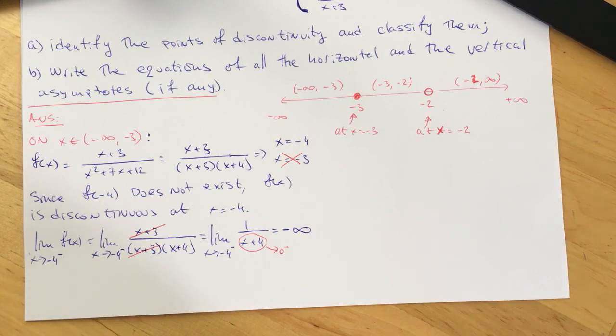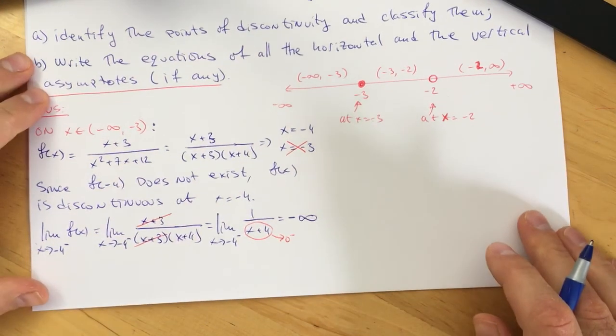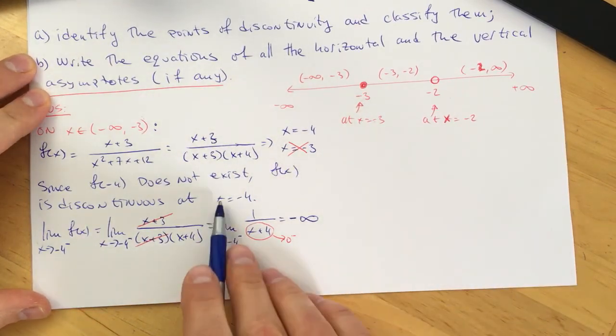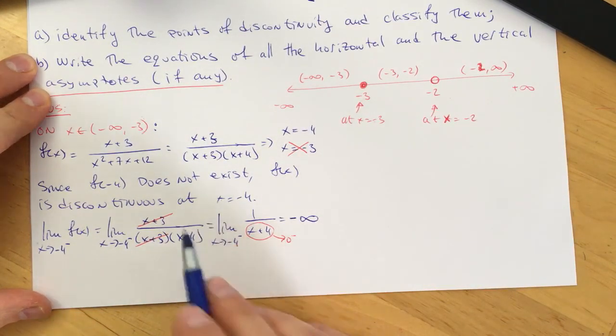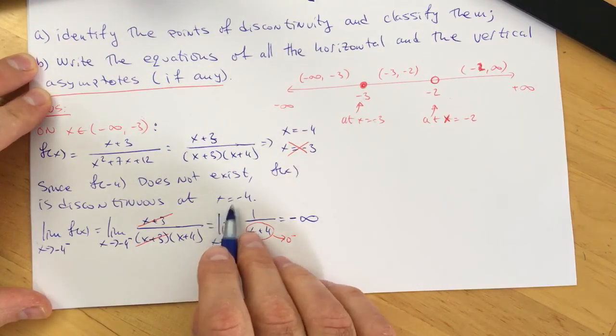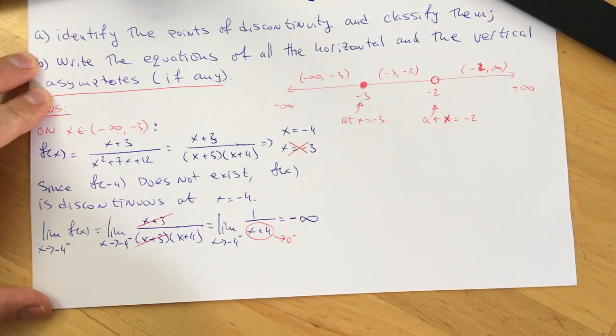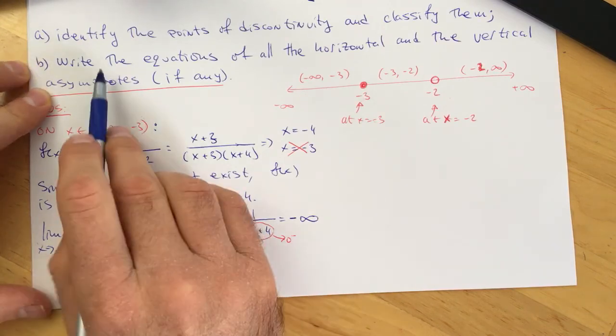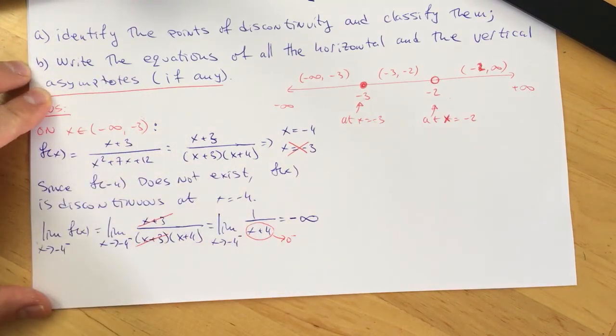So what do I know? What does this tell me right away? It tells me that I'm talking about infinite discontinuity at x is equal to negative 4. But if I talk about infinite discontinuity, that means what? That x is equal to negative 4 is nothing else but the equation of the vertical asymptote. So I will take a note of that so that I can answer the second question later on.